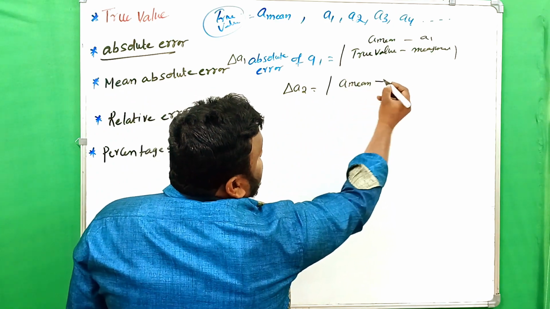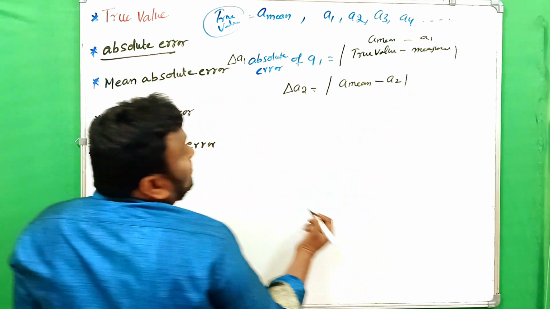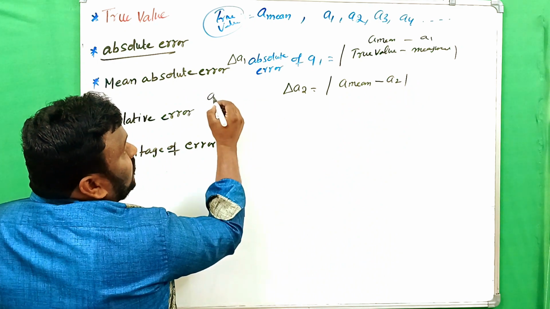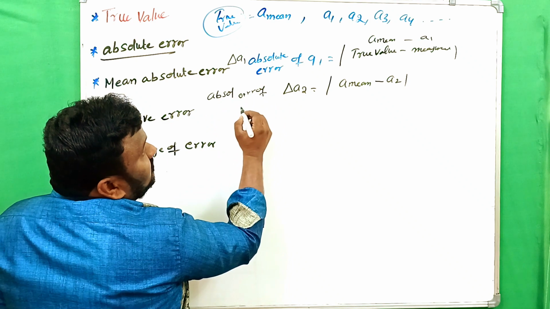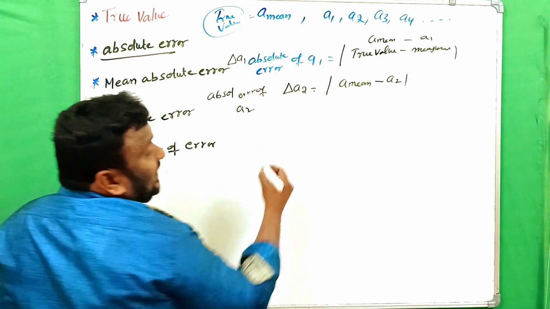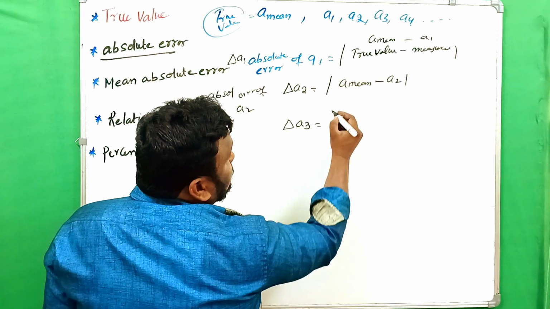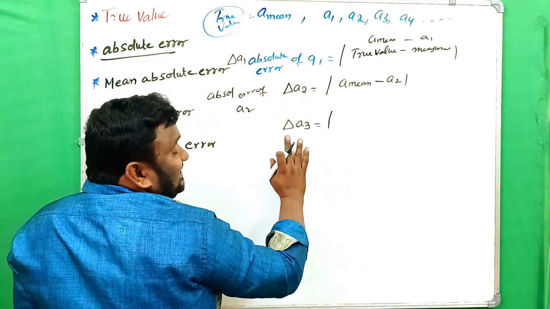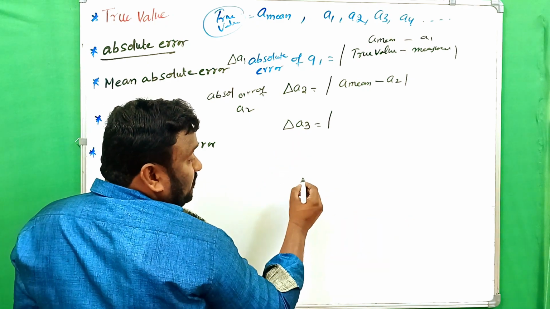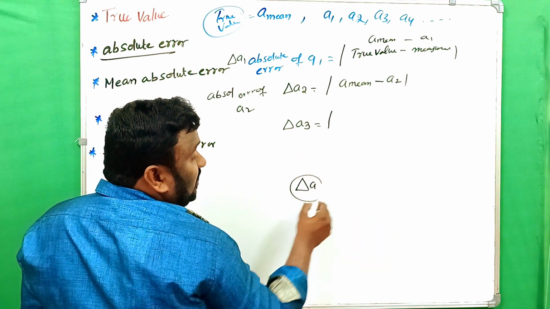Now the absolute error of A2, delta A2, is equal to mod of A mean minus A2. Similarly delta A1, delta A2, delta A3 are absolute errors; delta A means absolute error.